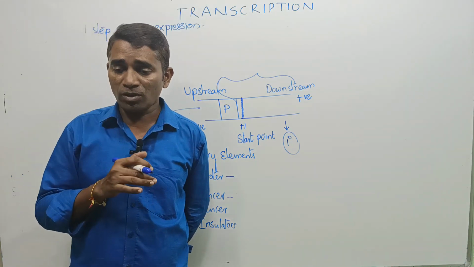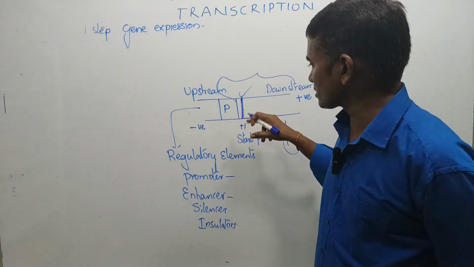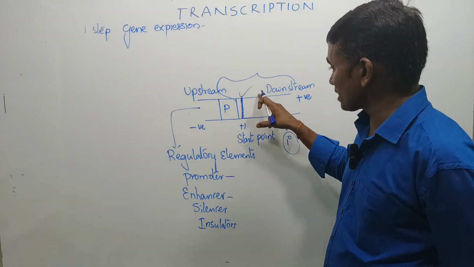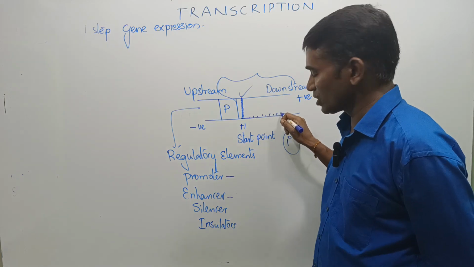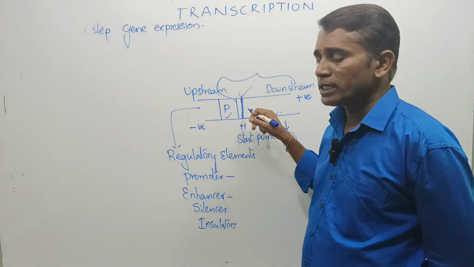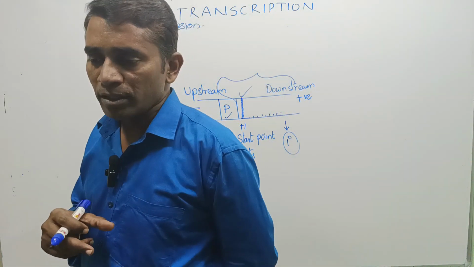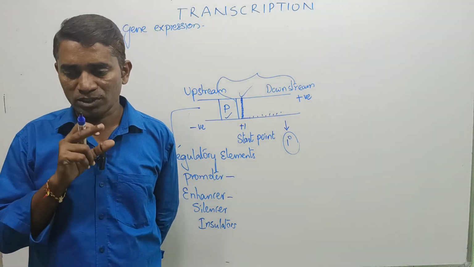This transcription unit contains a start point, from where transcription is initiated. It contains a transcribed region, which will be transcribed into an RNA molecule. It contains a promoter region, and it also contains a terminator point where transcription ends.